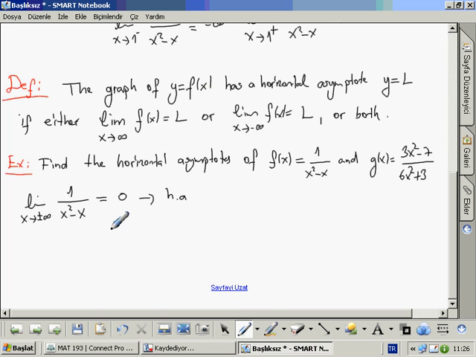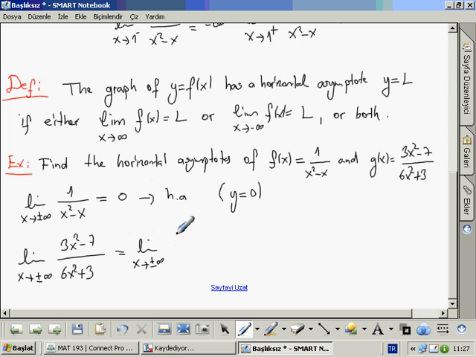Another function: the limit as x approaches minus or plus infinity of 3x squared minus 7 over 6x squared plus 3 equals the limit of 3 minus 7 over x squared over 6 plus 3 over x squared, so it is equal to 3 over 6, which is 1 over 2.